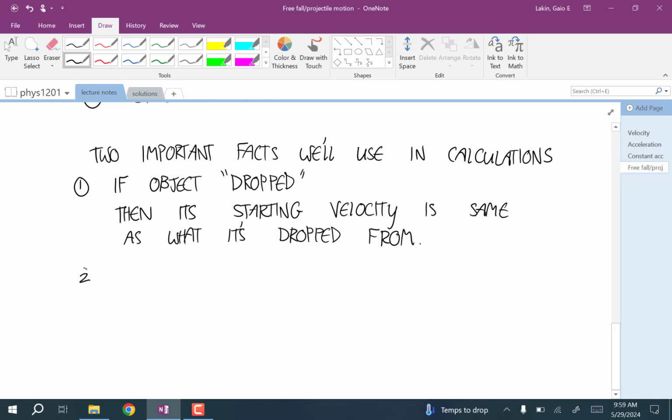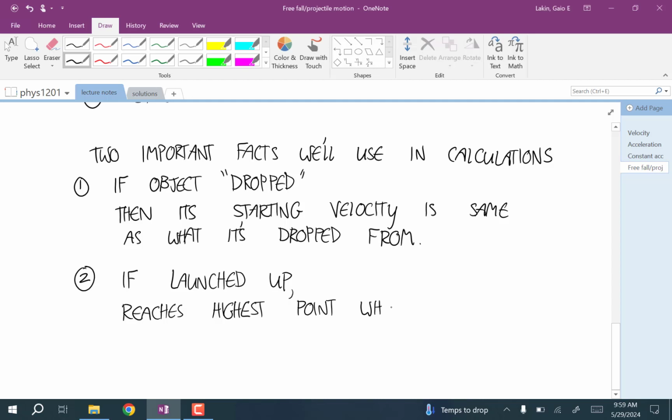The second fact that we're going to use is that if an object is launched up or thrown up, it reaches its highest point when its velocity is 0.